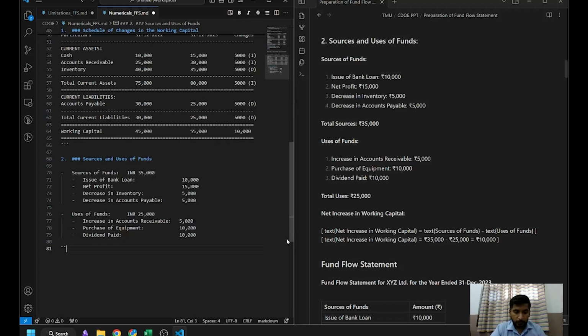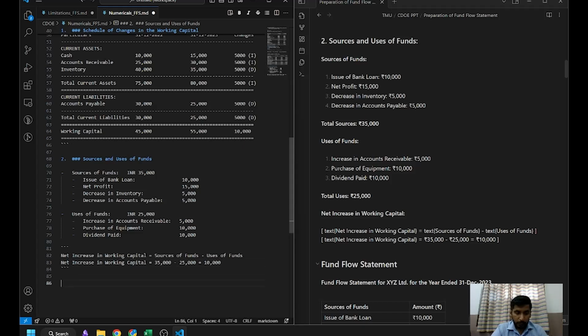Okay. Now next up, net increase in working capital, which will be equal to sources of funds minus uses of funds. 35,000 minus 25,000, which will be equal to 10,000.